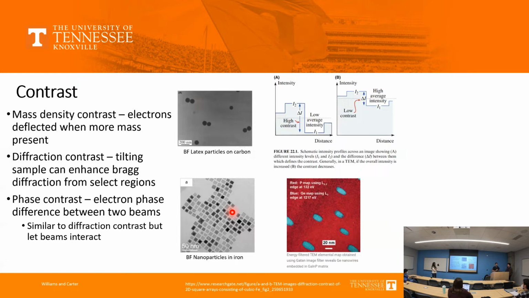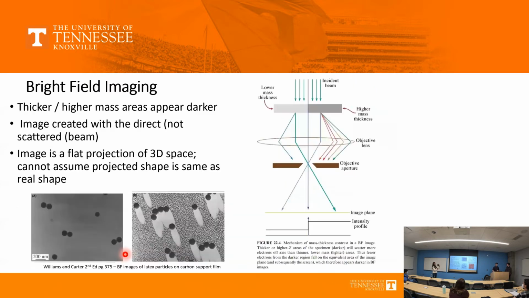Rather than say just moving your aperture to only select one Bragg beam, you allow two beams to interact with the sample and then pass through to be imaged, kind of as shown in this energy filtered image on the bottom right here, which, as John will explain later, you need to do a little more legwork to deconvolute what you get from that, but that can provide you information that you wouldn't get otherwise.